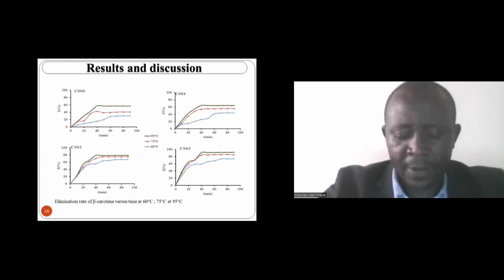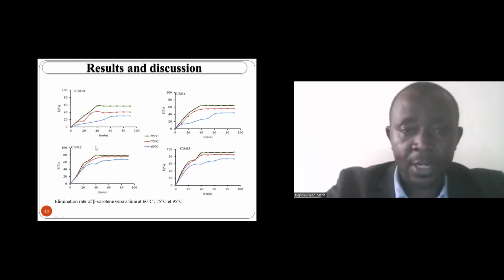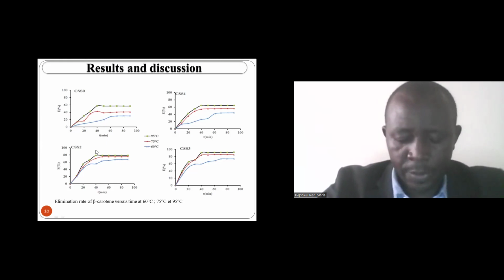It can then be found that the beta carotene elimination began with a speedy rate, obviously due to the high concentration of surface active sites at the initial time.